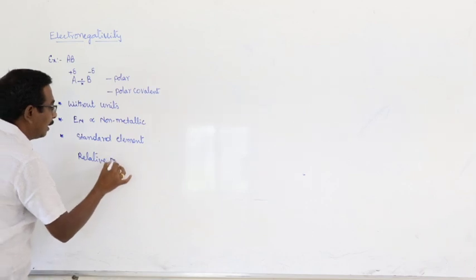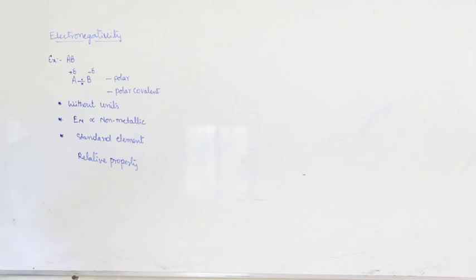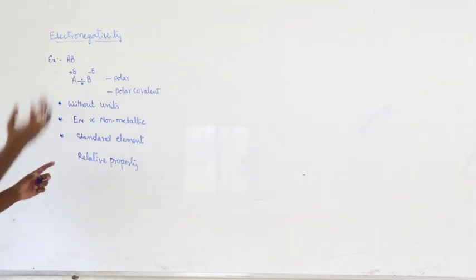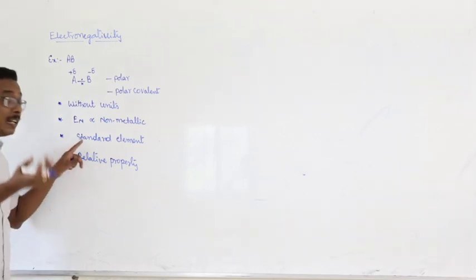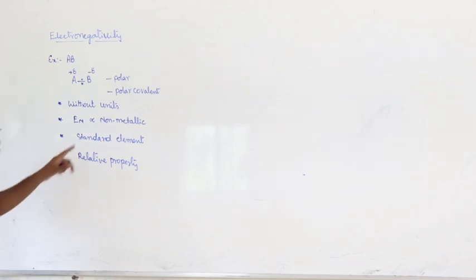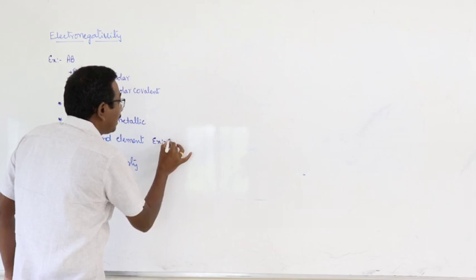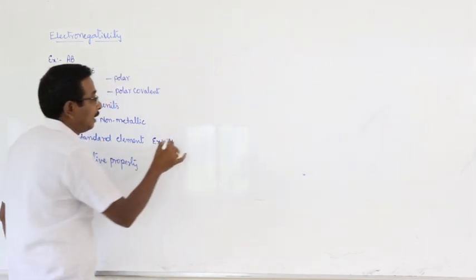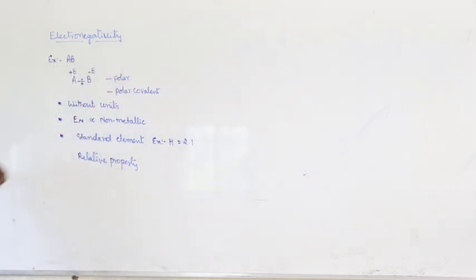Electronegativity of an atom of an element can be calculated by comparing with the electronegativity of the reference element, generally referred to as the standard element. The element taken as the standard is hydrogen, whose electronegativity is equal to 2.1. It is a relative property and it has no units.